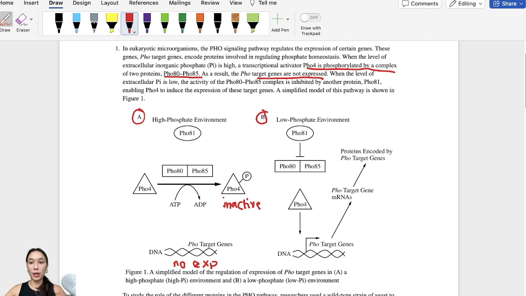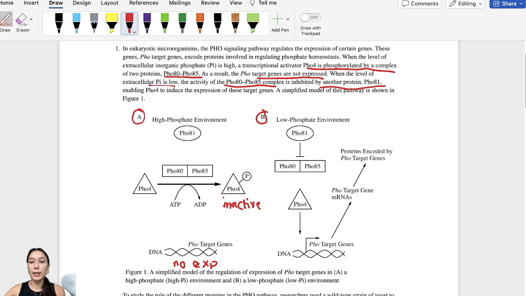If we have a low phosphate environment, we're going to see that FO81 is actually going to inhibit FO80 and FO85. That's what this little line means. When you see a line and then there's a little cross at the bottom, this usually means inhibited. Either way, it tells you in the question that the activity of FO80 and FO85 is inhibited by FO81 when there is low PI.